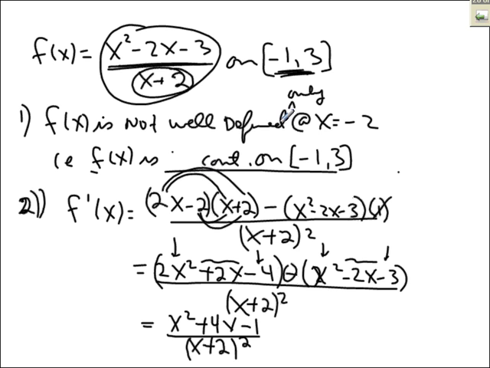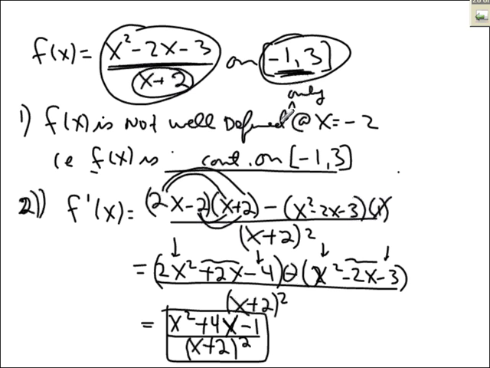Now, condition 2 says it's differentiable on the open interval -1 to 3. Where is this fraction not differentiable? Well, it's not differentiable where it's not defined. A fraction is not defined when the denominator is 0.